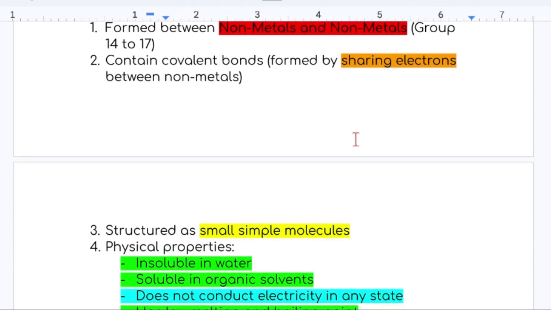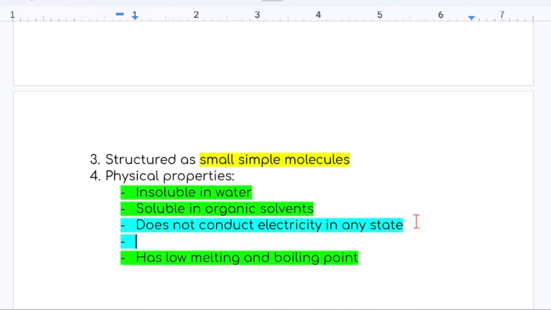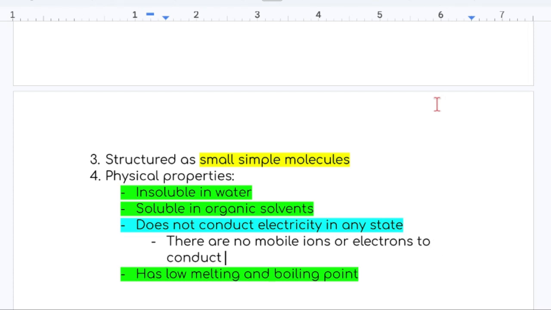For covalent bonding in the physical properties, we learn that it does not conduct electricity in any state. The reason is because there are no mobile ions or electrons to conduct electricity in any state.